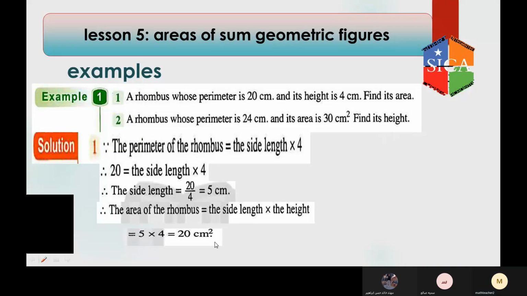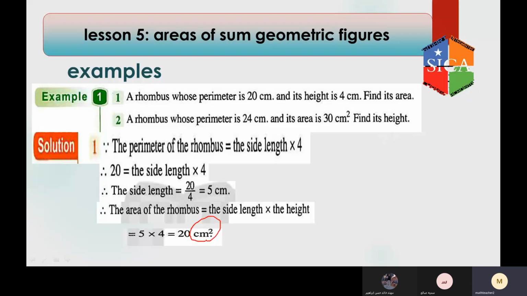The area is measured by the square unit, square centimeter. This is the area. But the diameter is measured by a unit of length, just centimeter, because the diameter of the rhombus equals side length plus side length plus side length plus side length.